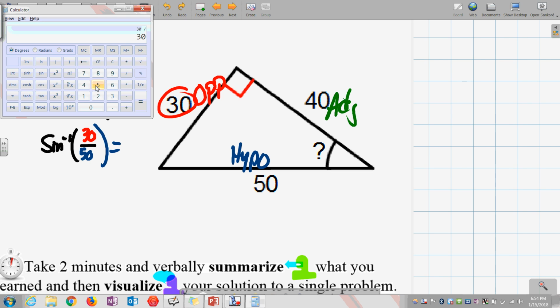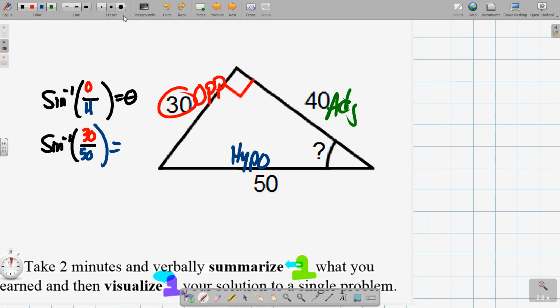So 30 divided by 50, of course that's 0.6. Inverse sine, I'm going to round to the nearest whole degree, so that's approximately 37 degrees. To get this angle, I'm simply going to go 90 minus 37. I get 53 degrees.